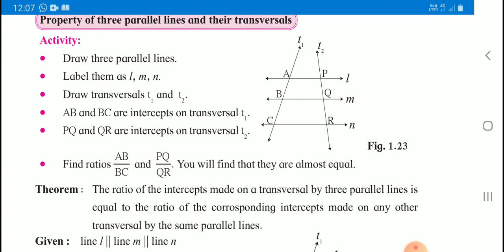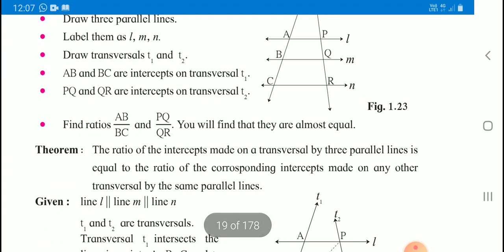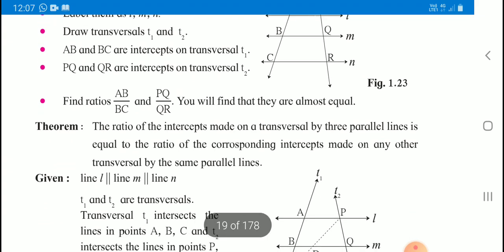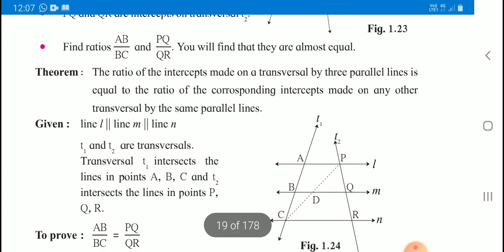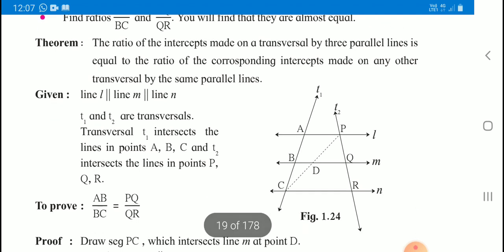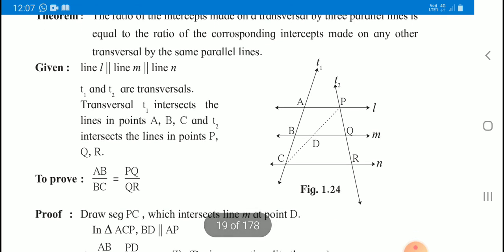Now we will see the theorem. Again I will read the statement of this theorem: the ratio of the intercepts made on a transversal by three parallel lines is equal to the ratio of the corresponding intercepts made on any other transversal by the same parallel lines.